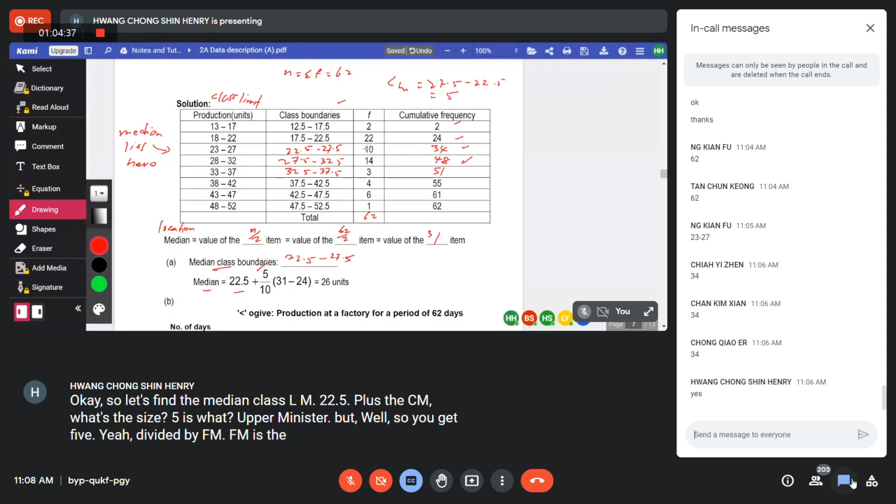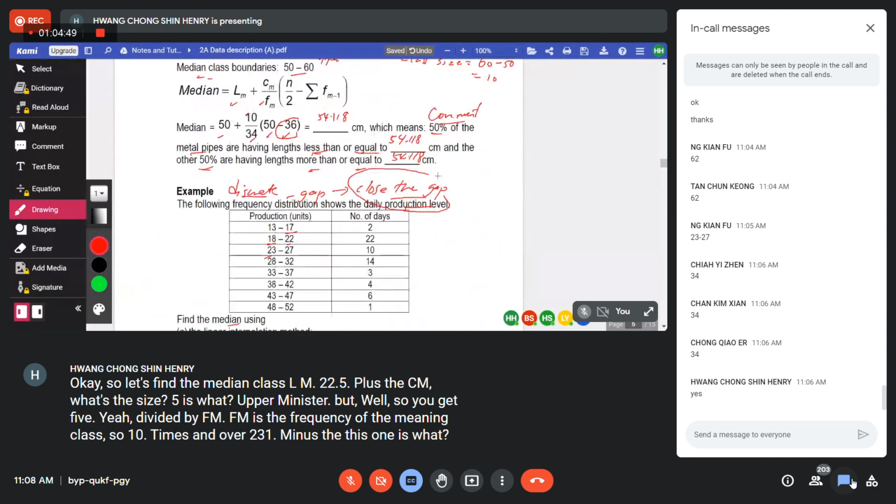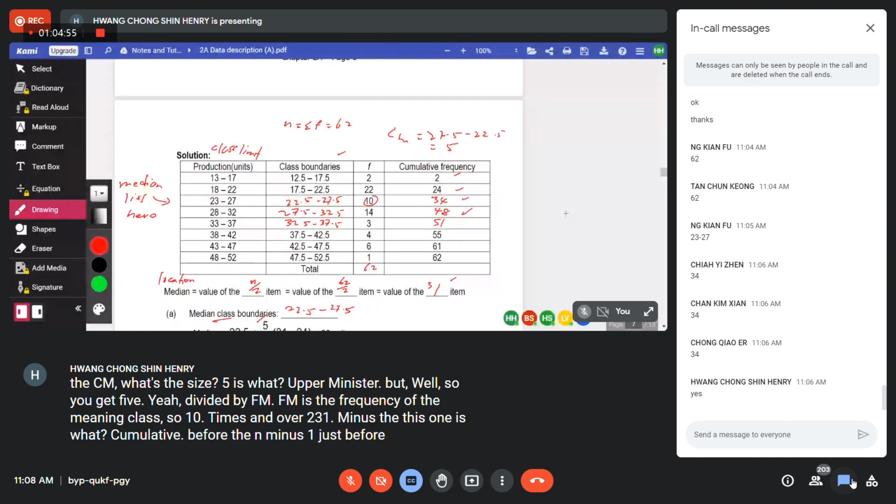FM is the frequency of the median class. So 10 times n over 2, 31, minus this one, which is the cumulative frequency just before the median class.